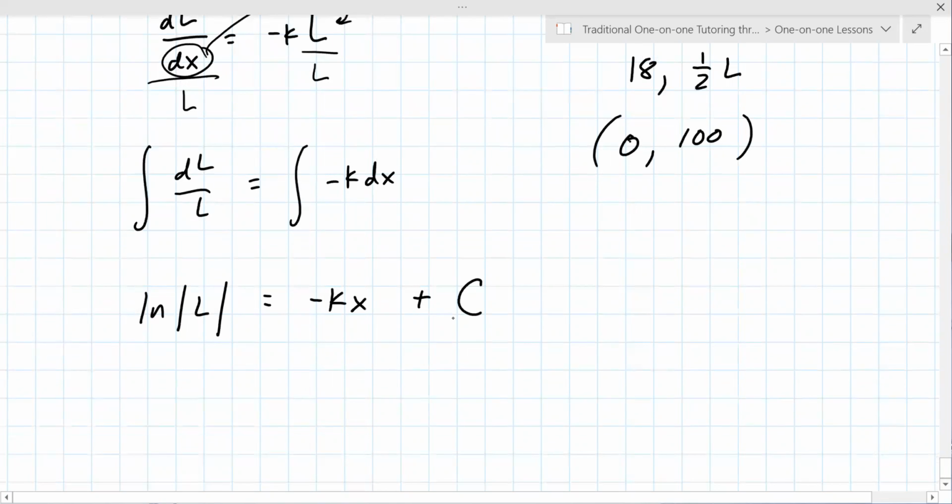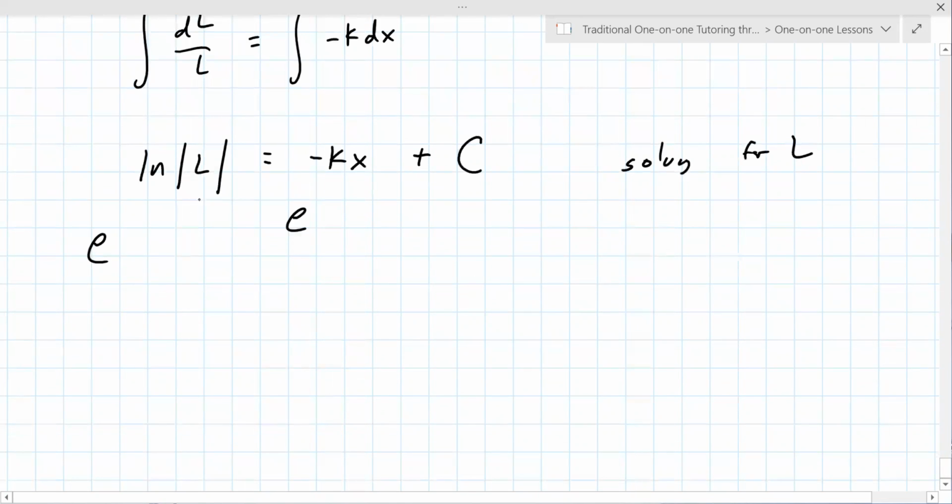So let's just carry this calculation on a little bit further by solving for L. So you're going to e both sides here. And the way this works is on the left side it becomes L. On the right side, it's e to the minus kx plus c, which is great, except that we've got two constants here.